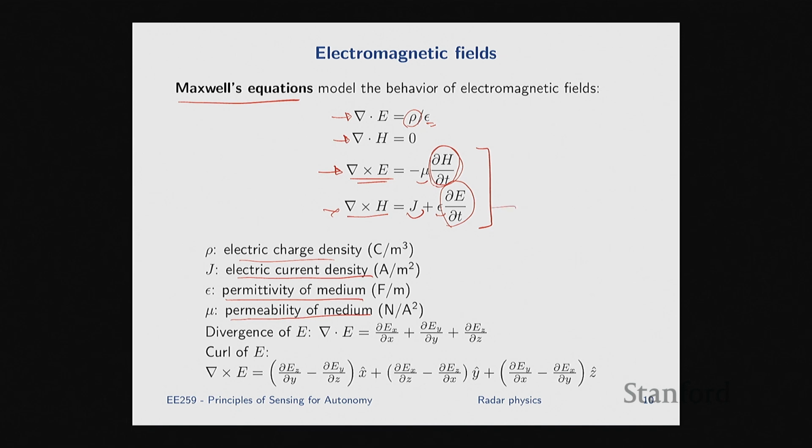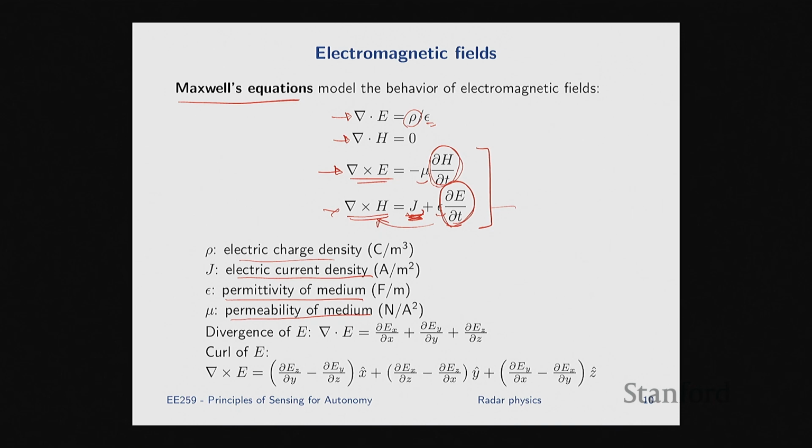And from the last equation, a current distribution that varies with time can give rise to a magnetic field, or a time-varying electric field can also give rise to a magnetic field. That's why the electric and magnetic fields always go together: if one of them is radiating and varying with time, then because of Maxwell's equations, the other one also has to be non-zero.